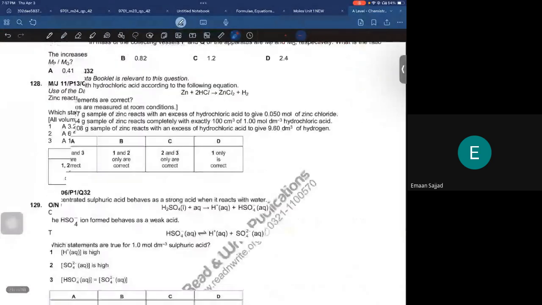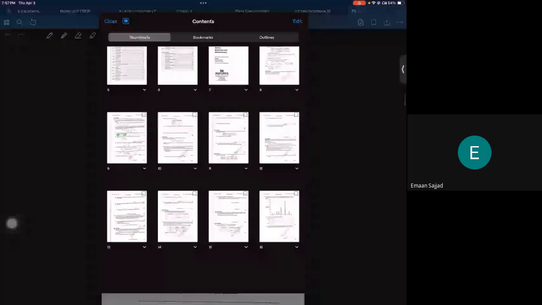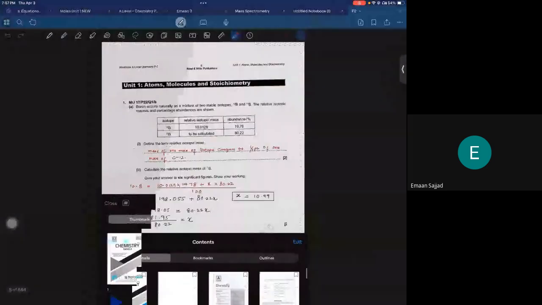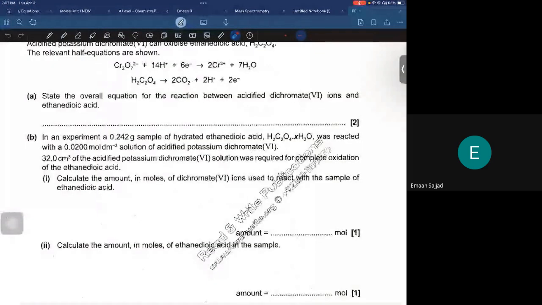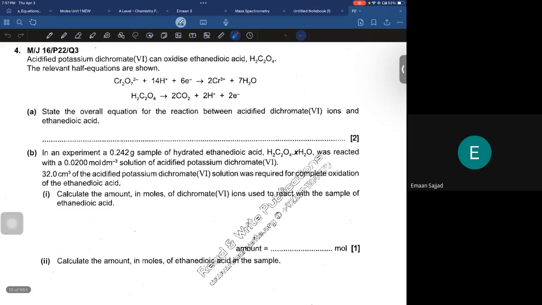Now see this. B part, question number 4. First of all, you have to solve A: state the overall equation for the reaction between acidified dichromate ions and ethane dioic acid.